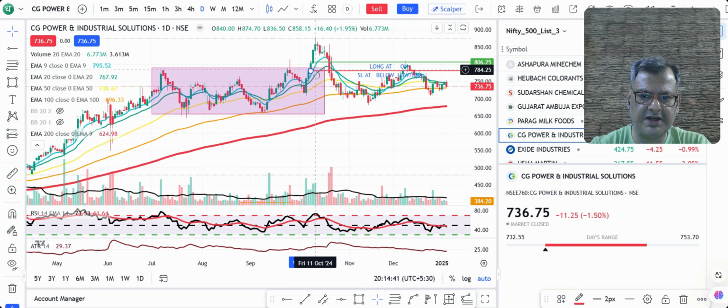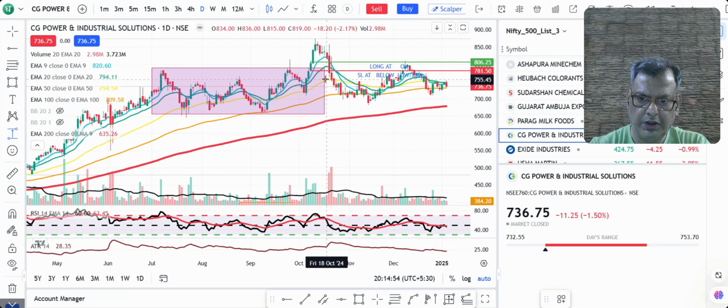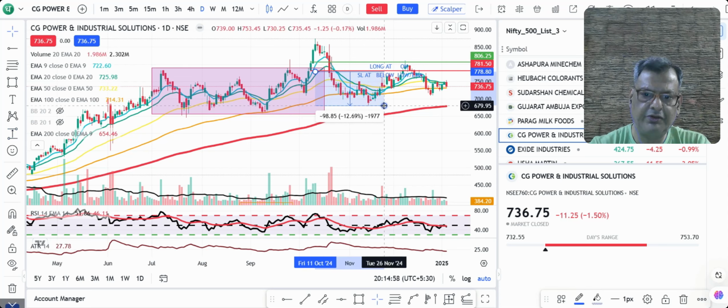Had we not placed our SL here, price has gone down to this low, and we would have lost another 12.69%. So placing an SL at an appropriate place will save you from huge losses, from blowing up your account.